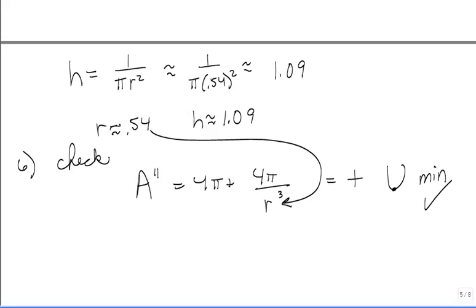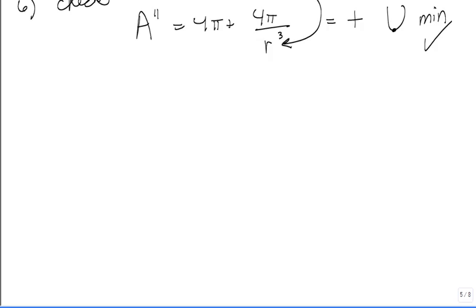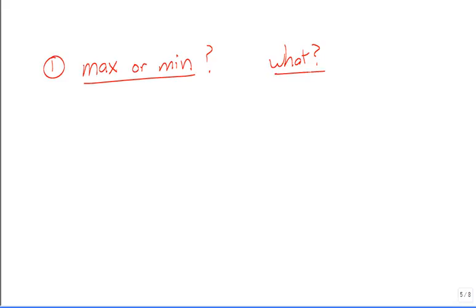Okay, so you can look at some of the example homework problems when you're doing these problems. Again, let's go through the 6 steps. Max or min? What do you want to take the max or min of? That's the equation that you have to come up with. Second's the picture. Third, so this gives you an equation.